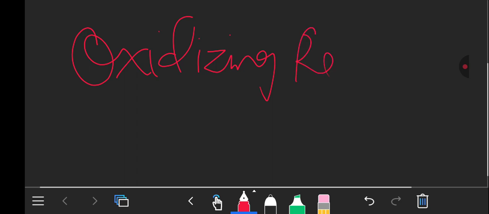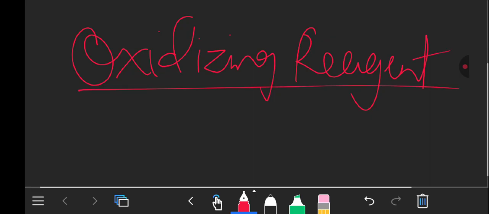When you're talking about an oxidizing reagent, this is simply a reagent or a substance that facilitates oxidation. So how can you know that this is an oxidizing reagent? An oxidizing reagent is simply reduced in a chemical reaction.